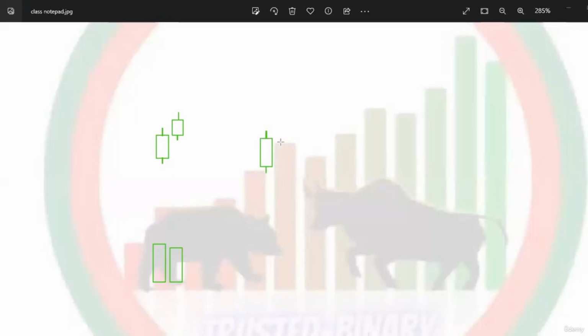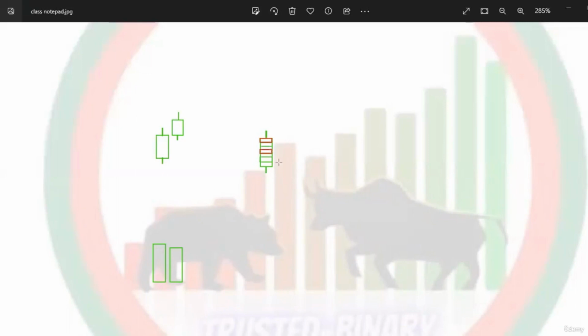Where is the buyer's volume, where is the seller's volume, which area is a strong area where volume is high, and which area volume is low. Suppose in this candlestick, maybe this area here is the seller's volume, or this area here is the seller's volume. So this is called the tick volume.